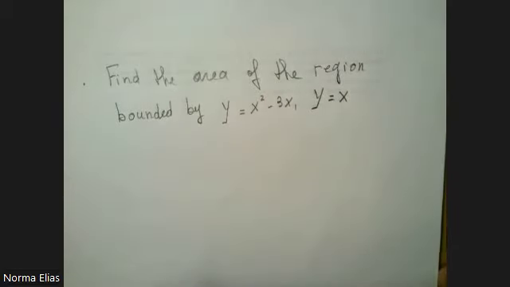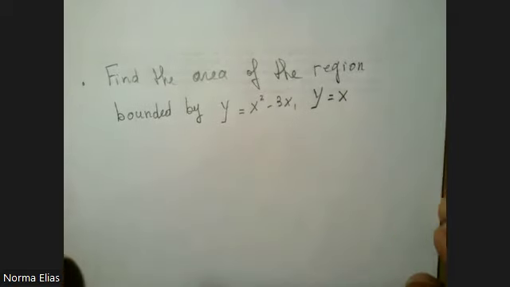So there is no graph. I did not give you a graph, and that will take a lot of time. I will not give you the graph. You will have to be able to do it. What will be the first step in solving this problem? Not the second, the first step, quickly.